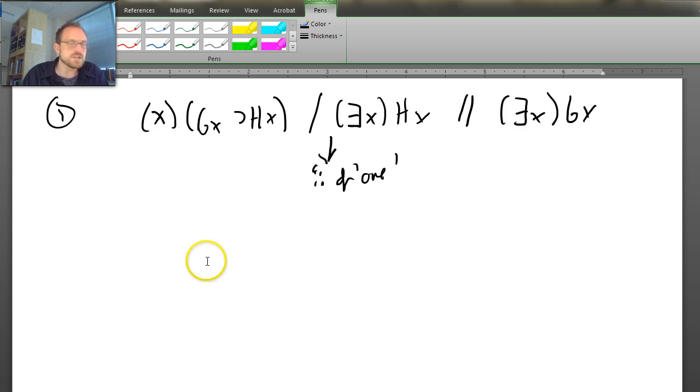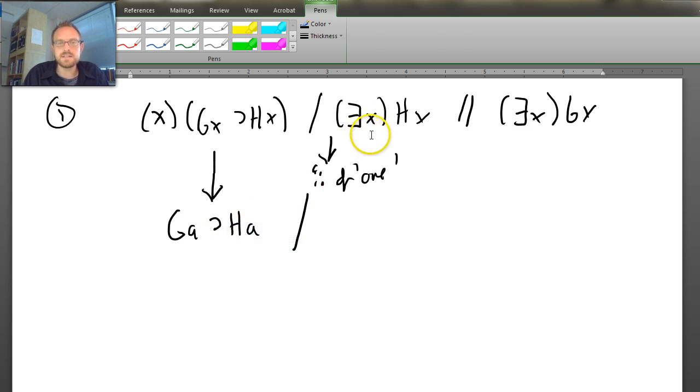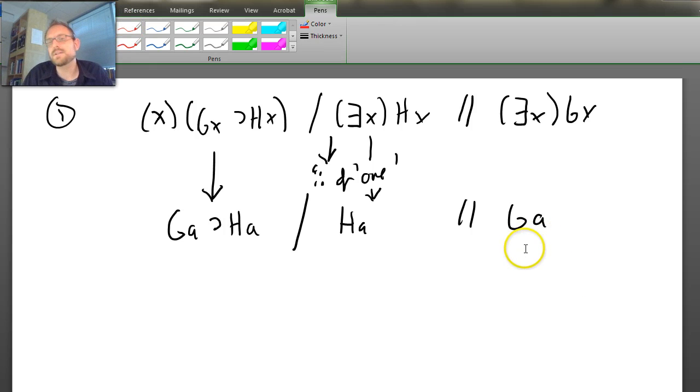In this one, it's fairly easy, because translating each of these statements into a universe of 1, it's going to look like this: GA to HA, and then this statement turns into just HA, and the conclusion, GA, right?